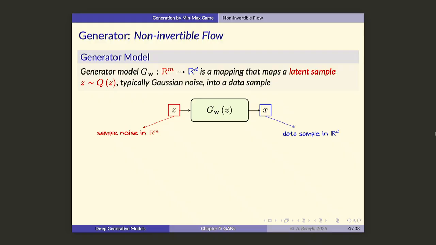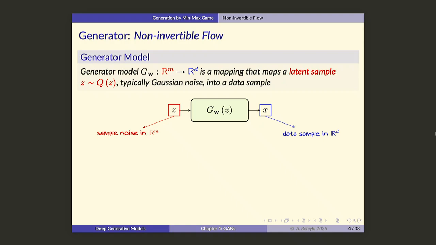And I assume, again, that the data is continuous in the entries, because that is going to be easy for us in terms of analysis. And whenever we have discrete data, like real images with discrete pixels, then we can think of them as a quantized version of this. So I have an m-dimensional latent space. I want to convert it into d-dimensional, and I have this generator model, right? This is the most generic thing I can think of.